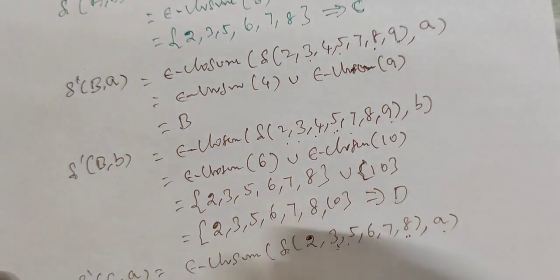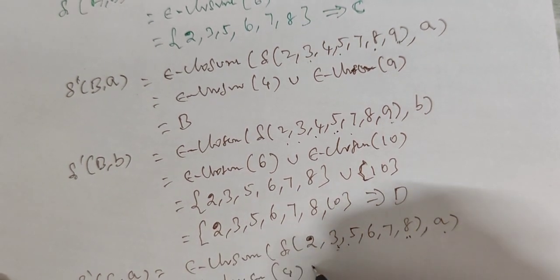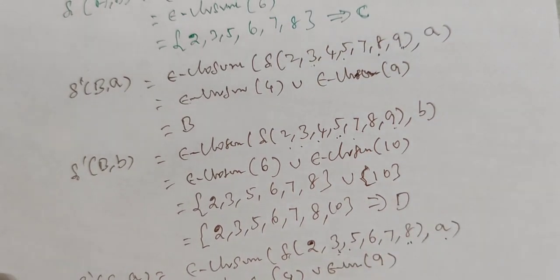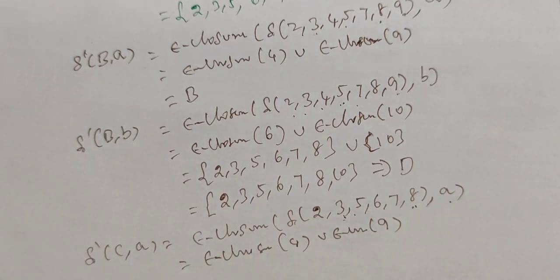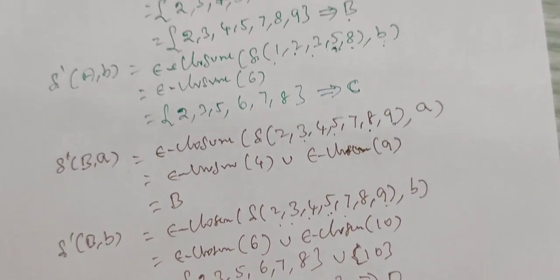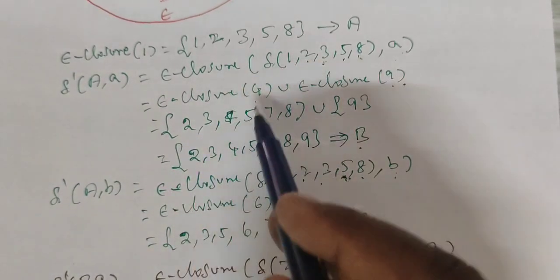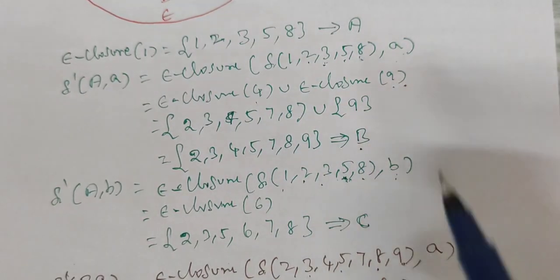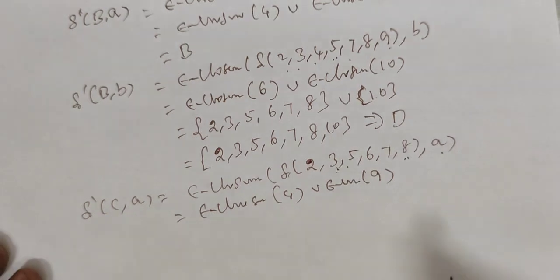So now epsilon closure for 3 goes to epsilon closure of 4 union epsilon closure of 9. Okay. Epsilon closure for 9 and epsilon closure for 4 will result in the same answer. So we have already got it. So epsilon closure for 4 and epsilon closure for 9 results in the answer called B. So here also it results in B.